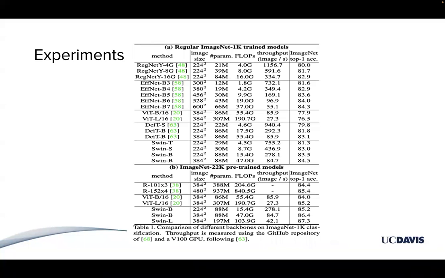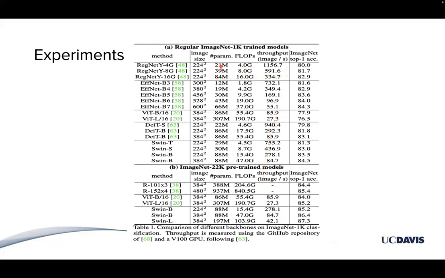Compared with state-of-the-art ConvNets, that is ResNet, RegNet, etc., the Swin Transformer achieves better accuracy here, as we can see. And even compared to the vanilla vision transformer, they achieve improved accuracy.